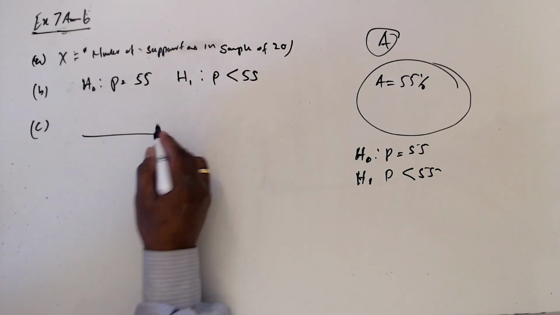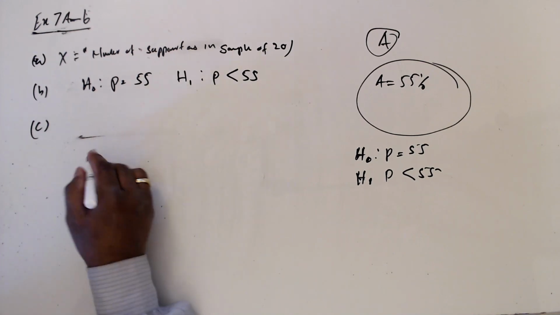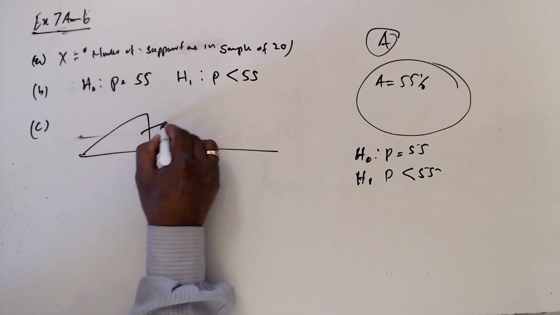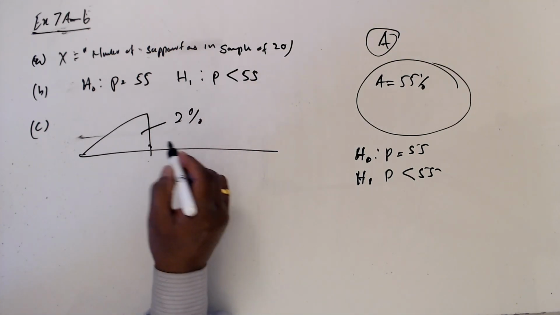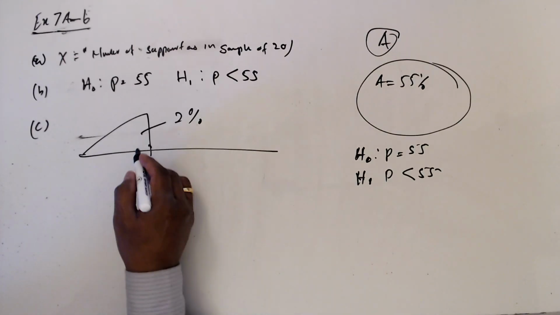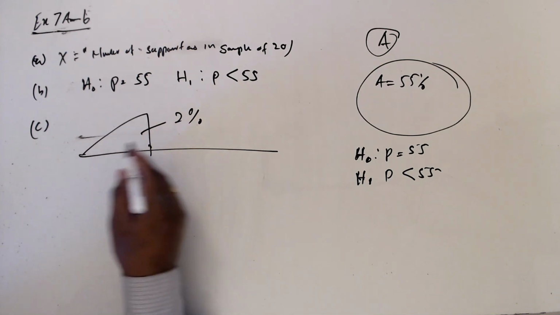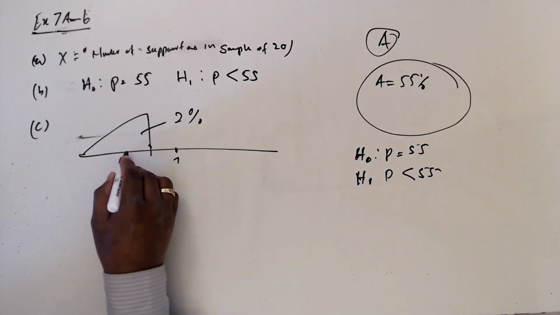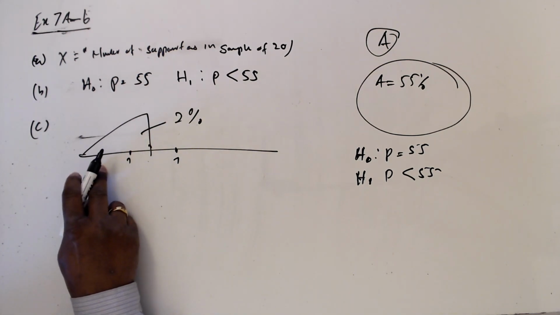Now we are checking from the lower side, so it is a one tail, lower tail. The threshold is 2% significance level, and if it will accept, this 7 is outside here. If 7 is inside here, then it is rejected.